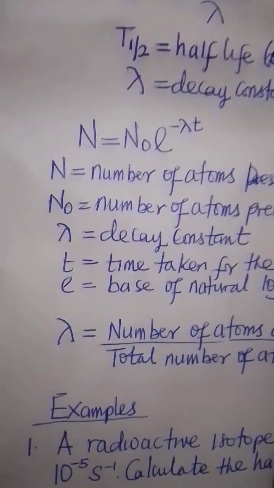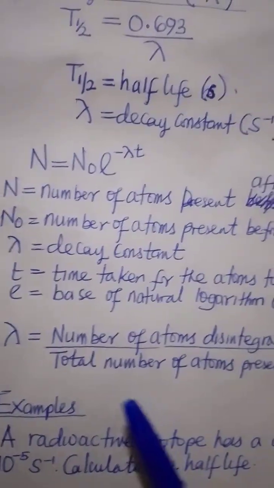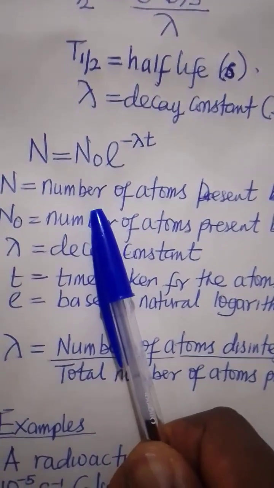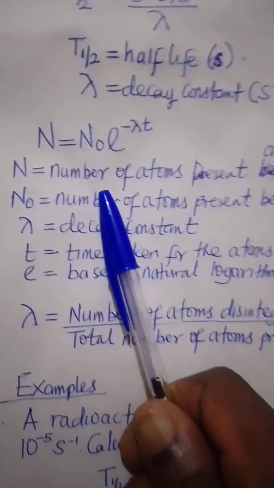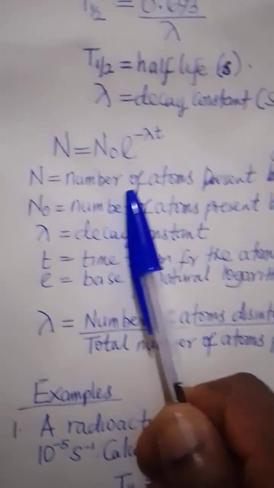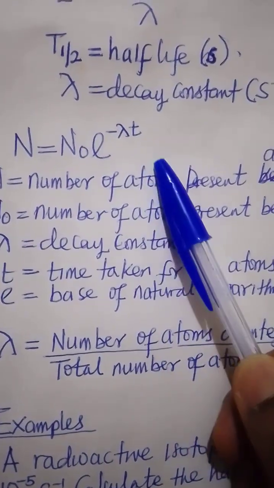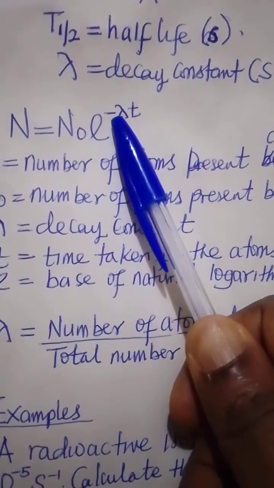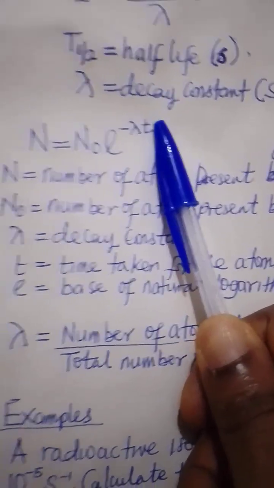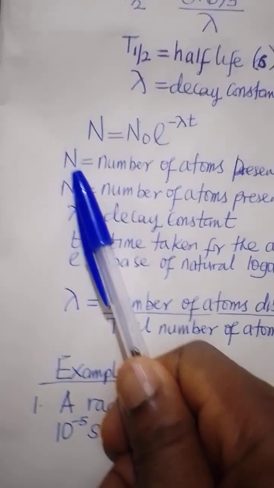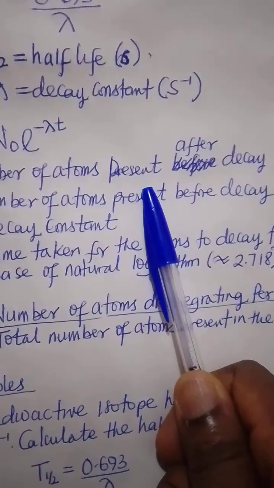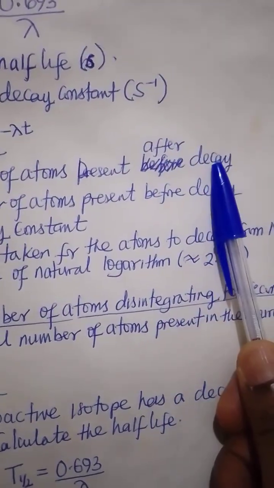This will take us to another important formula that is used during radioactivity. N is N0 e raised to the power minus lambda T. The N there is the number of atoms present after decay.